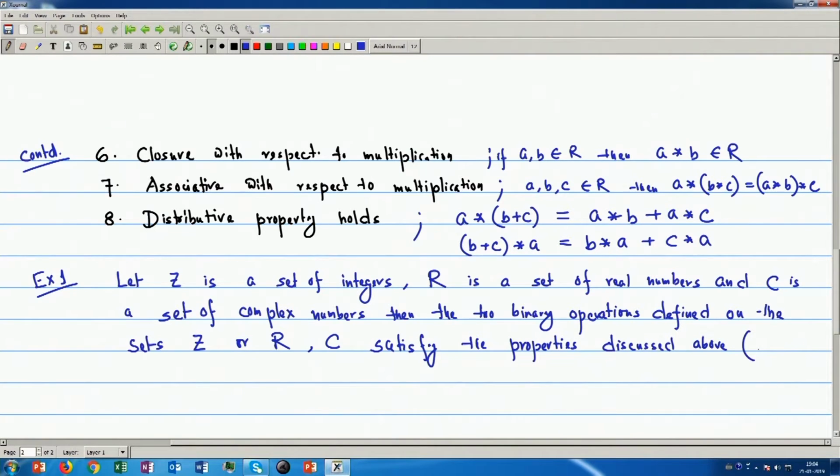Now, I can write that 1 to 8 that we have discussed hold for each one.